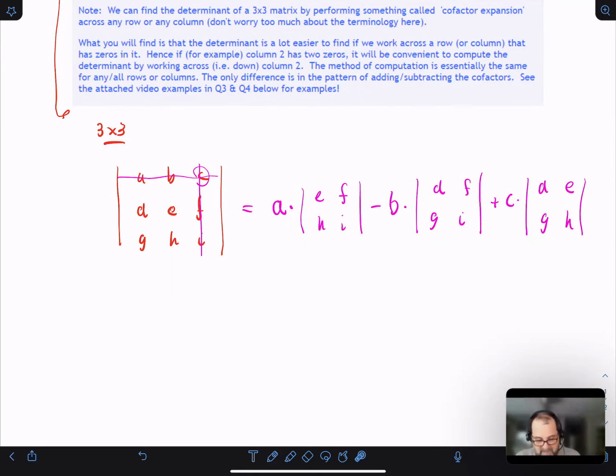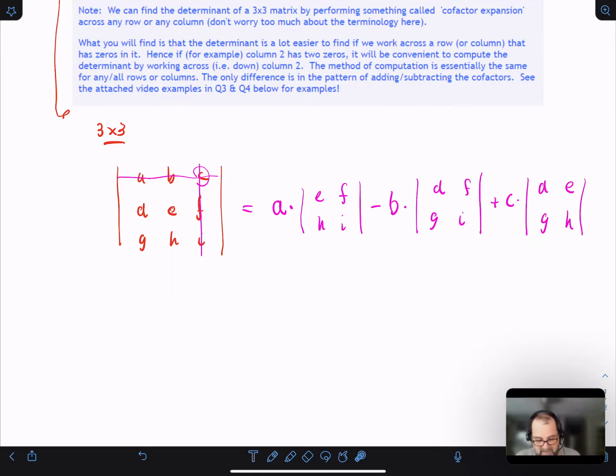For example, real quickly, if I had the same matrix, A, B, C, D, E, F, G, H, I, I can also expand. Let's say I expand about the second column. If I expand about the second column, then I'm going down this column.